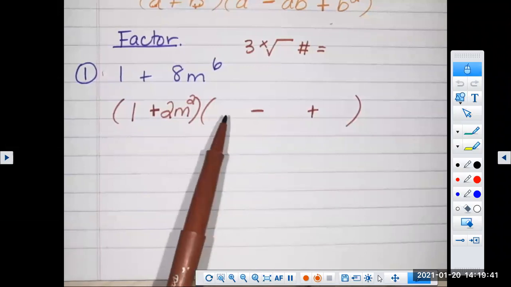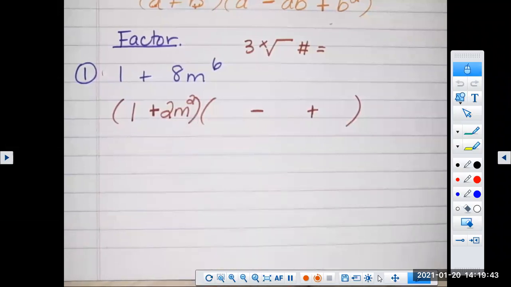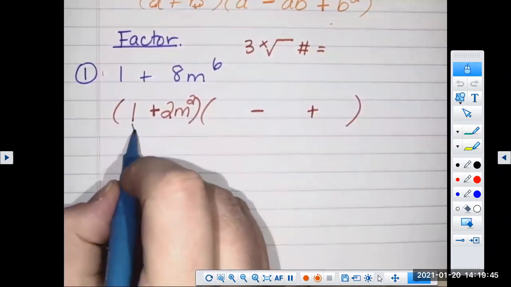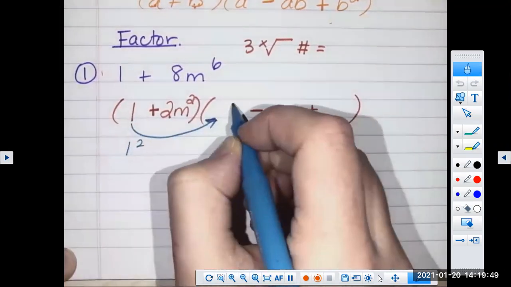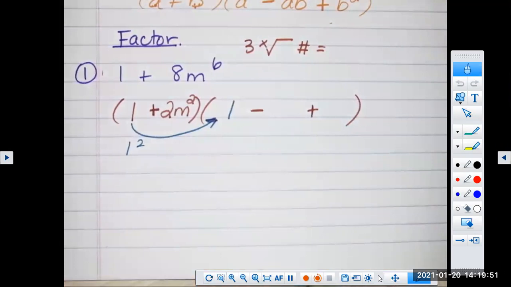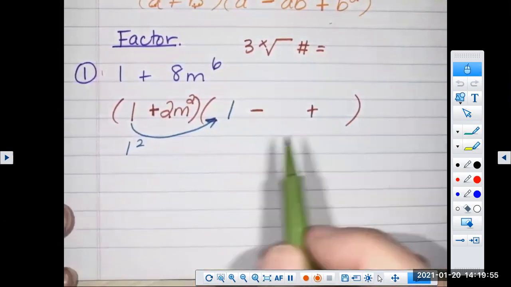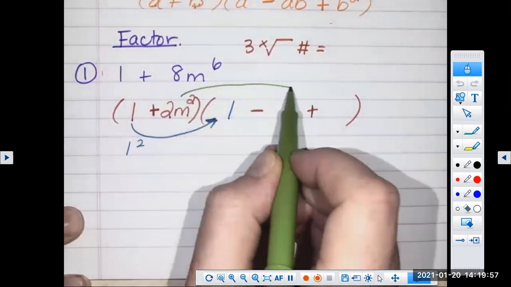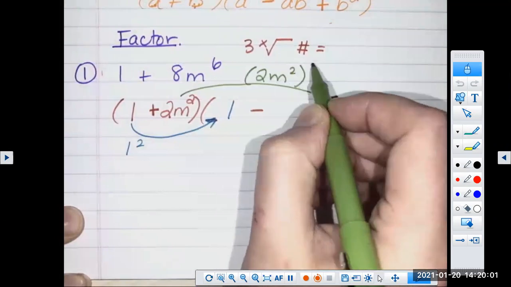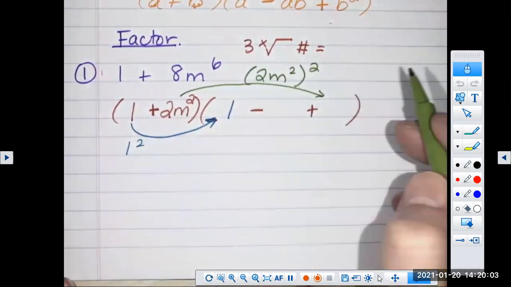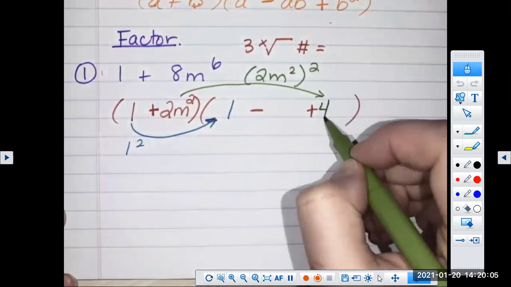All right, how you get this first term is you square whatever's in the front here. So 1 squared, 1. How you get the last term is you have to square 2m squared. You're squaring all of that. So 2 squared is 4.